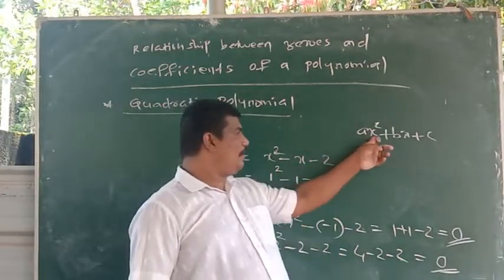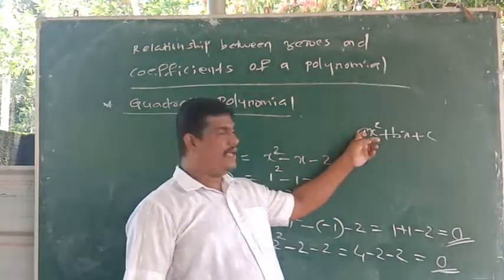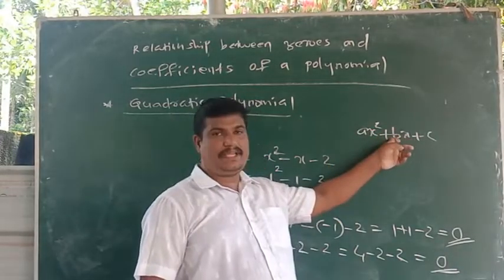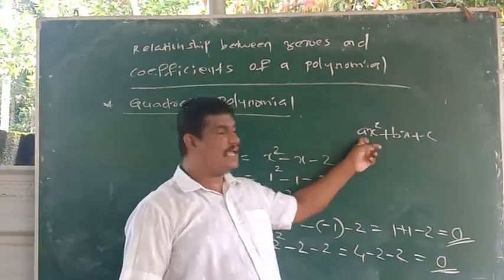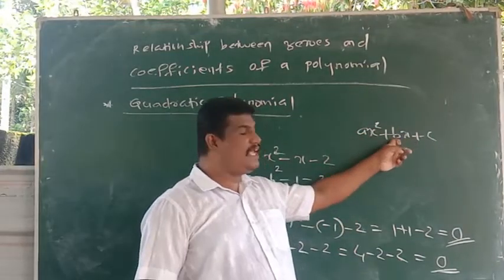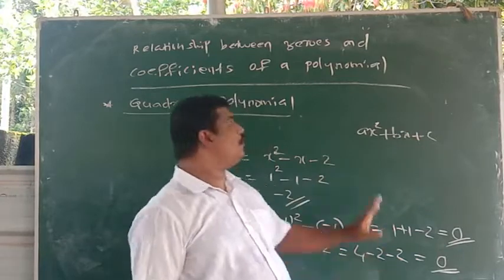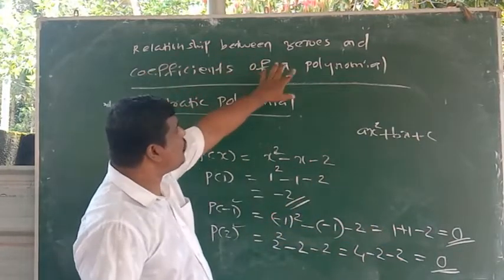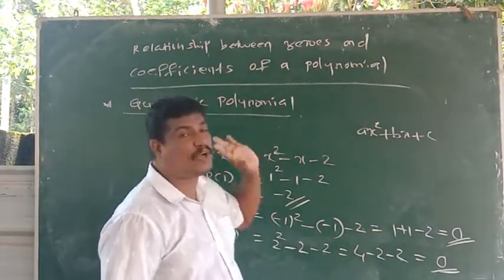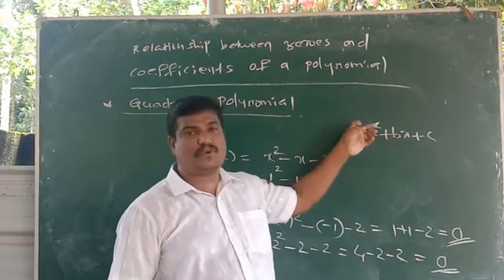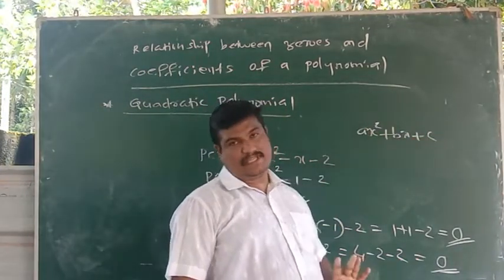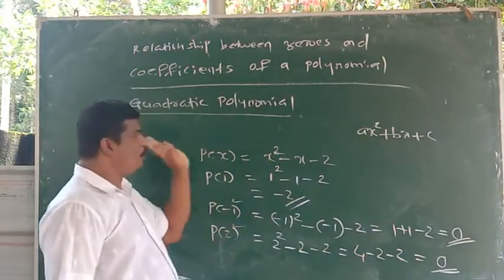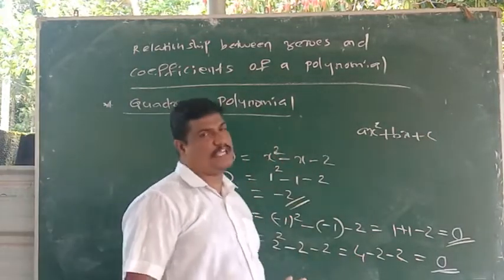The x square coefficient is a, the x coefficient is b, and the constant term is c. So the relationship between zeros and coefficients.